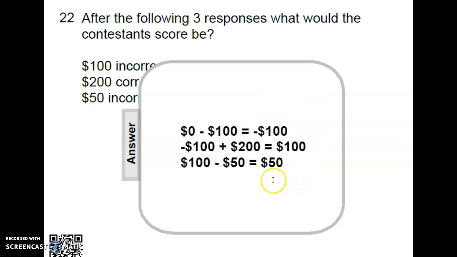Did you come up with $50? We go 0 minus 100 gives us negative 100 because he got 100 incorrect. Then he got 200 correct, so negative 100 plus 200 gave him a positive 100, but then he also got another negative $50 incorrect, which leaves the contestant with only $50.